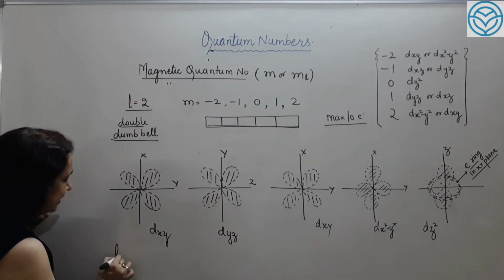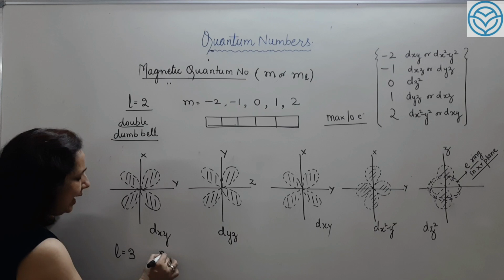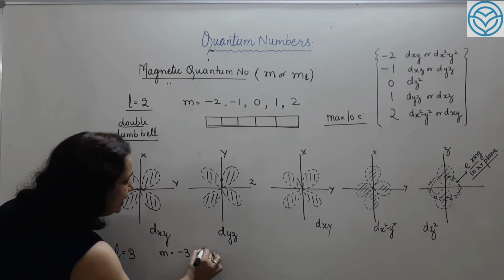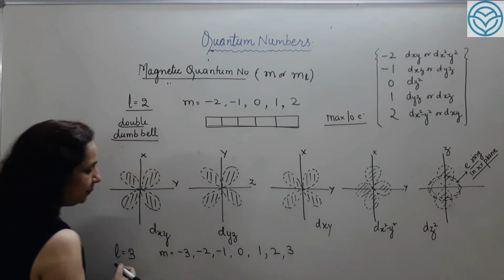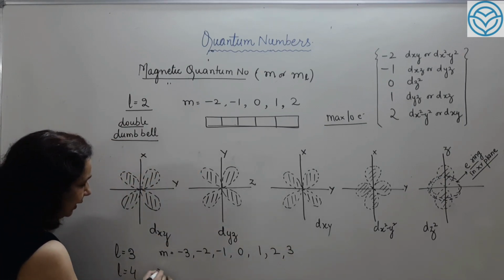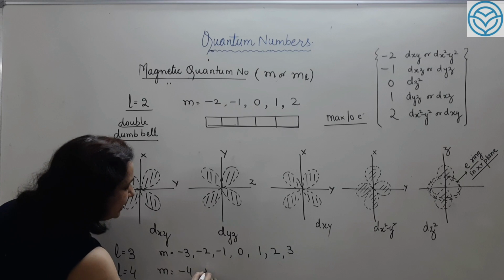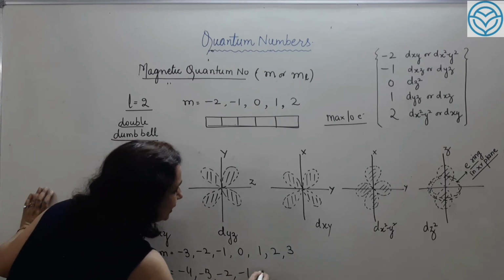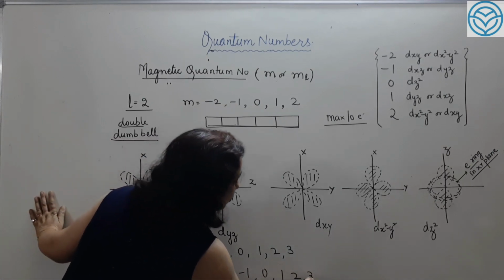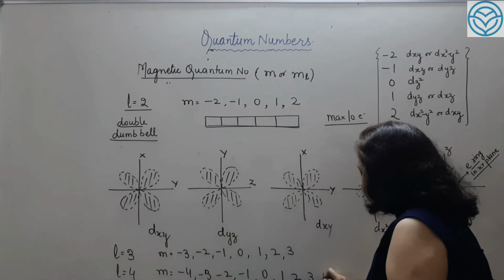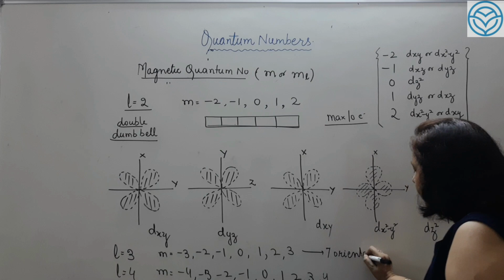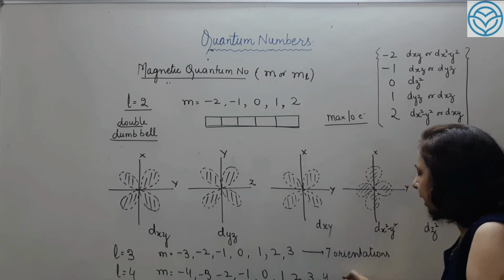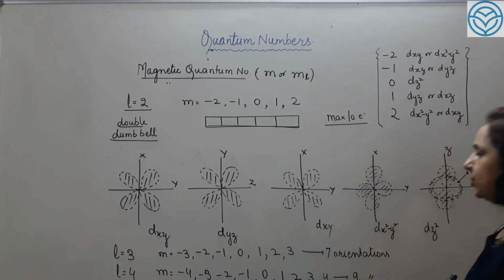Now you can imagine it. For L=3, m will be -3, -2, -1, 0, 1, 2, 3. For L=4, m will be -4, -3, -2, -1, 0, 1, 2, 3, 4. So here we have 7 orientations, and here we have 9 orientations.